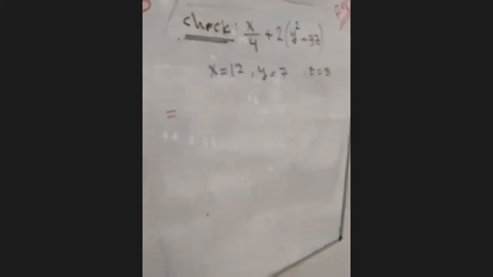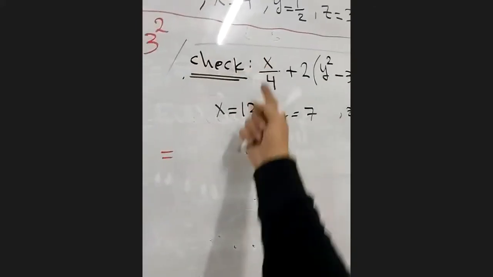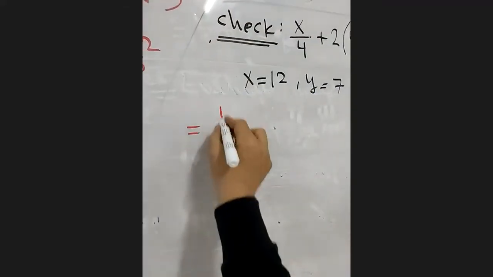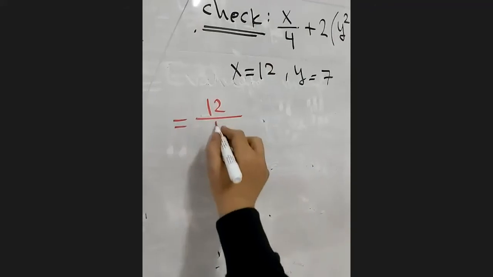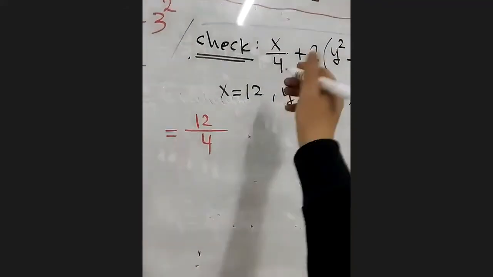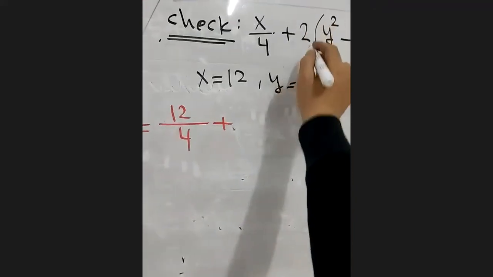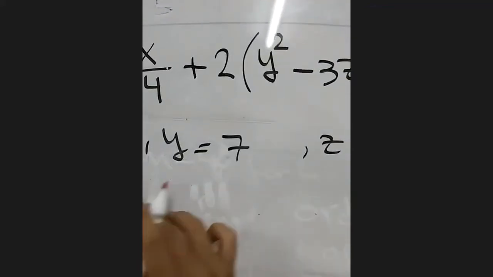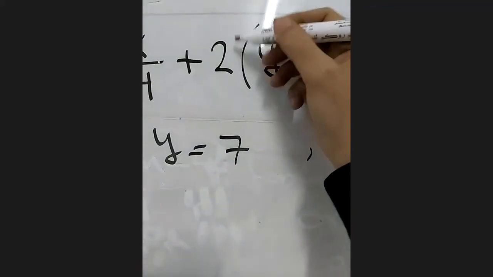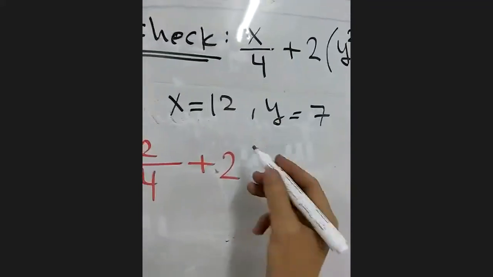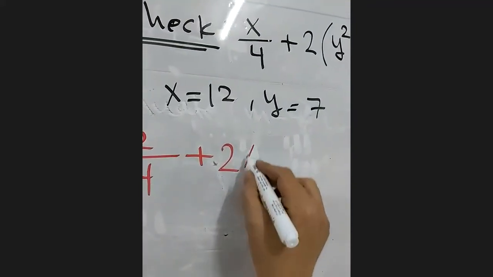Good boy. Now let's replace together. What's the value of X? 12. So I'll put 12 over 4, then plus 2. Stop here. What's between the 2 and the bracket? Nothing. Nothing means multiply.